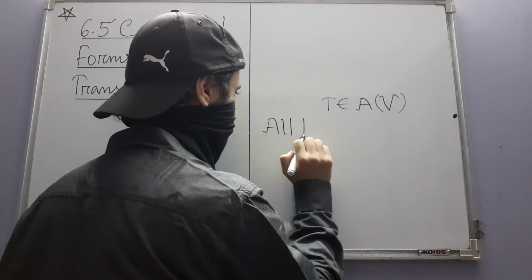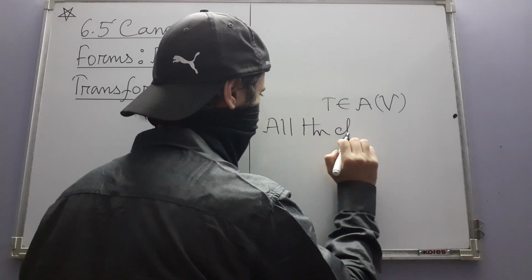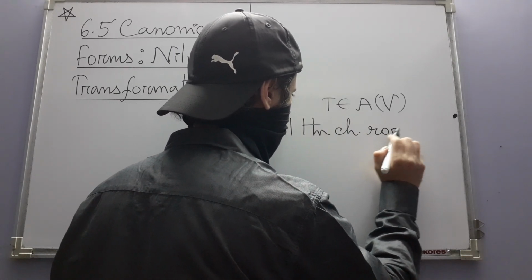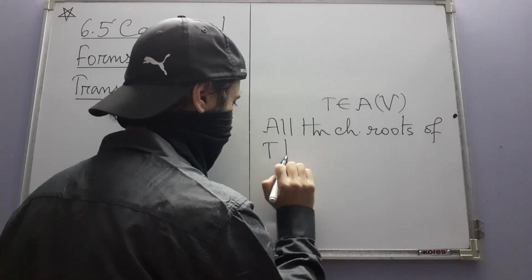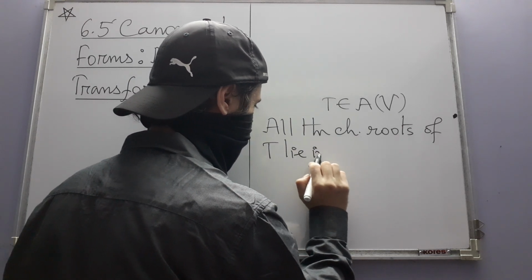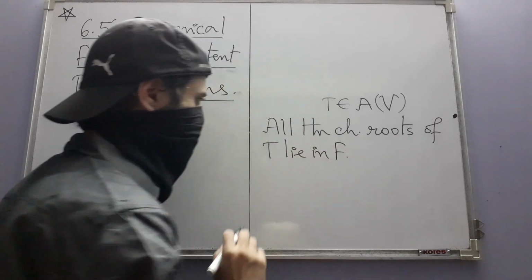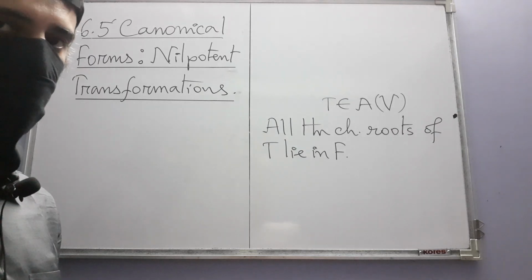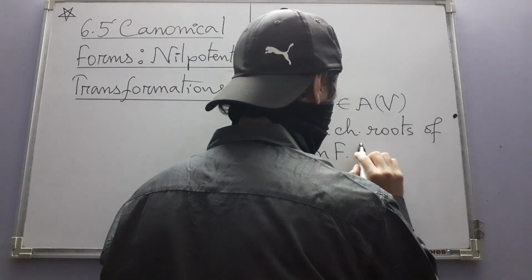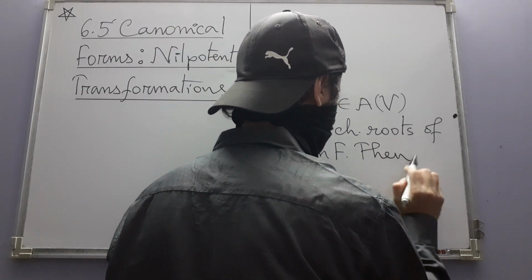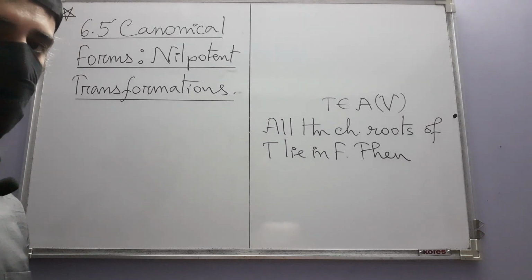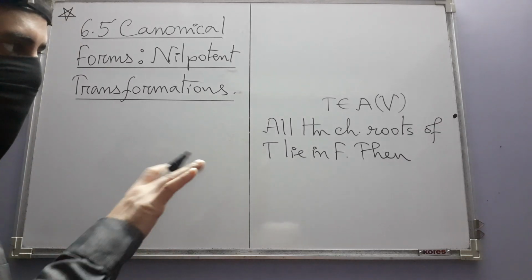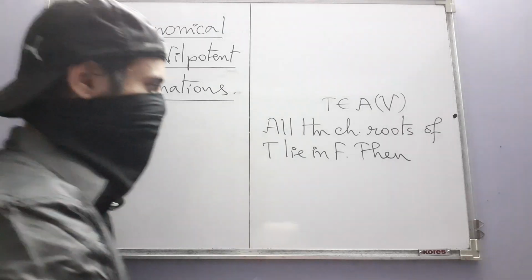All the characteristic roots of T lie in F, where F is the underlying field of course. Then T can be put in triangular form. That's the vague way of stating what actually is just this.